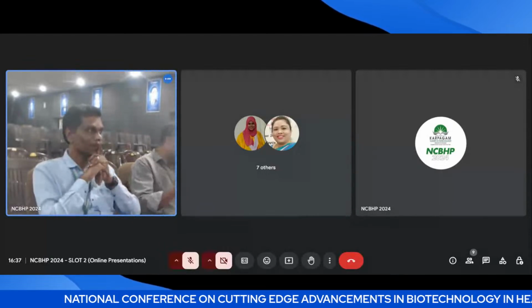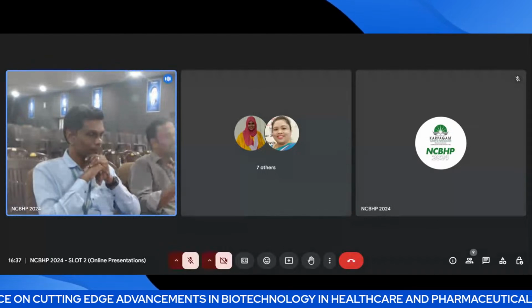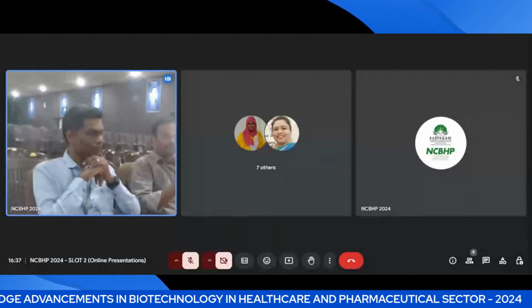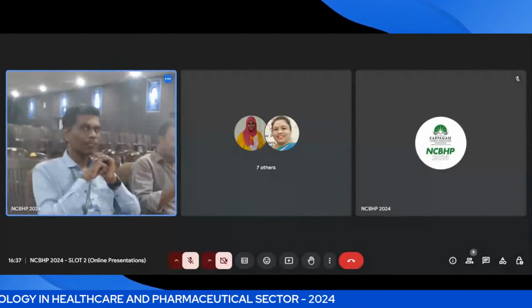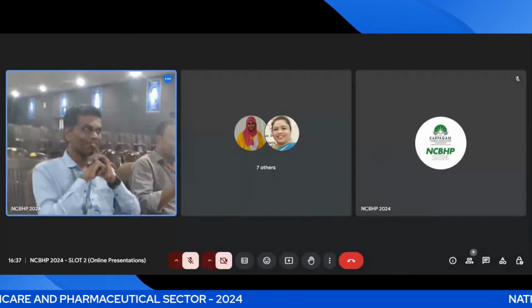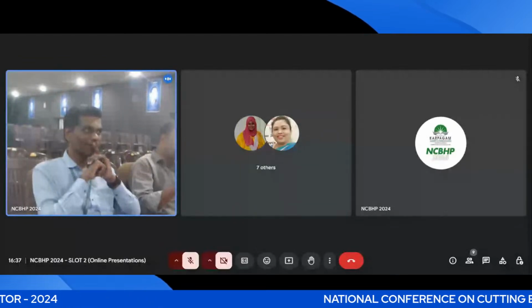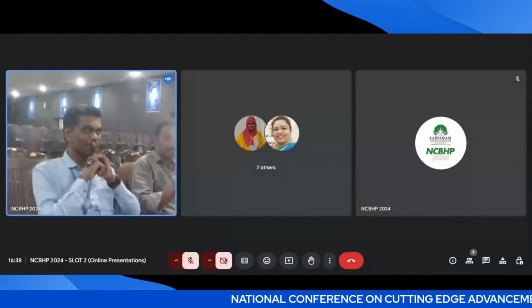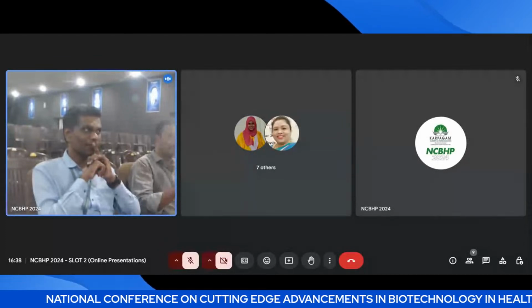In biodegradable implants, how many days will it take to be absorbed? What is regenerative medicine? Cancers and regenerative, that is an example.